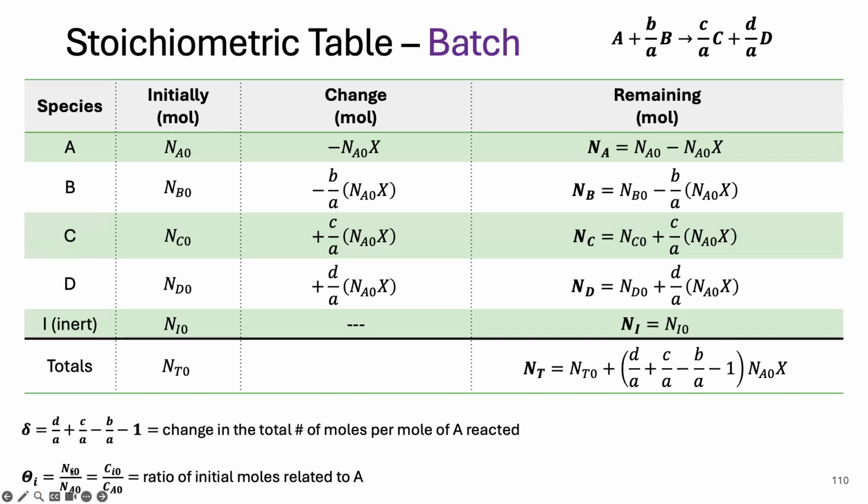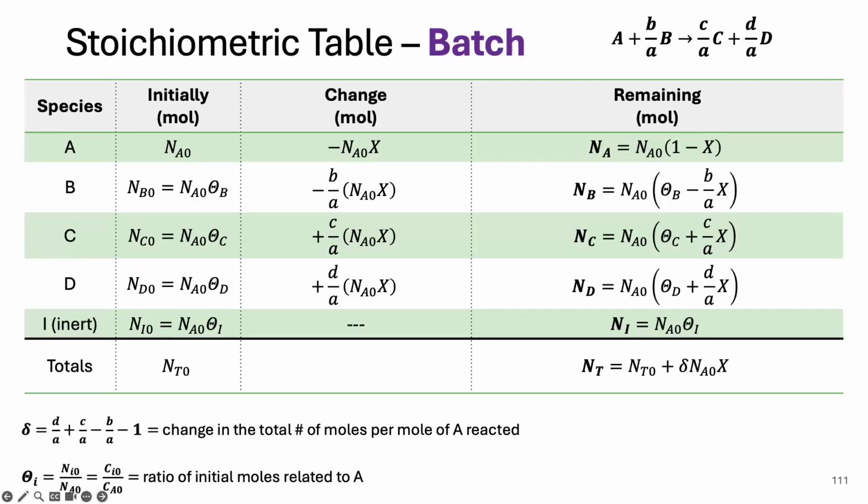This is the ratio of initial moles related to A. So how many initial moles of species i we have relative to species A, because those may not be equal as well. Typically we'll be adding more of one species than another. In this case, A is going to be our limiting species. It will have the least number of moles initially, depending on the stoichiometry.